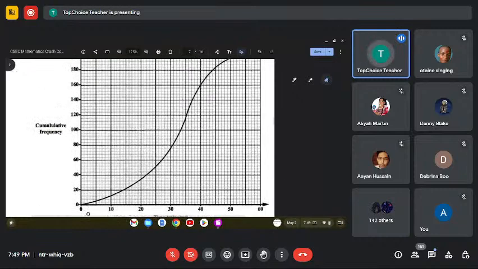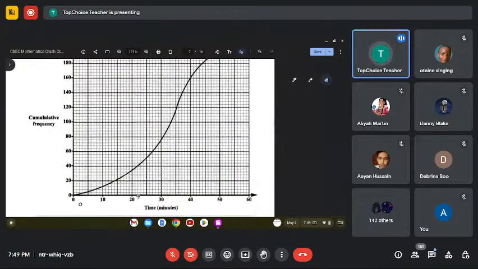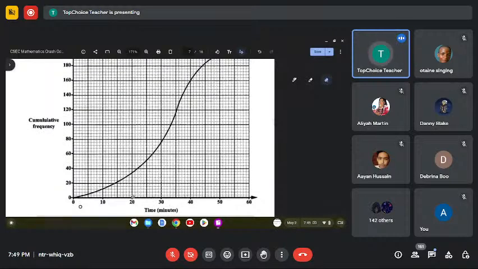So how do we interpret this curve firstly? Let me tell you how. Let's just pick a random time here, 20 minutes. If I go up from 20 minutes and across, this is like 30 something, between 20 and 40, so it could be like 36. That just means that 36 students would have finished the exam in 20 minutes.